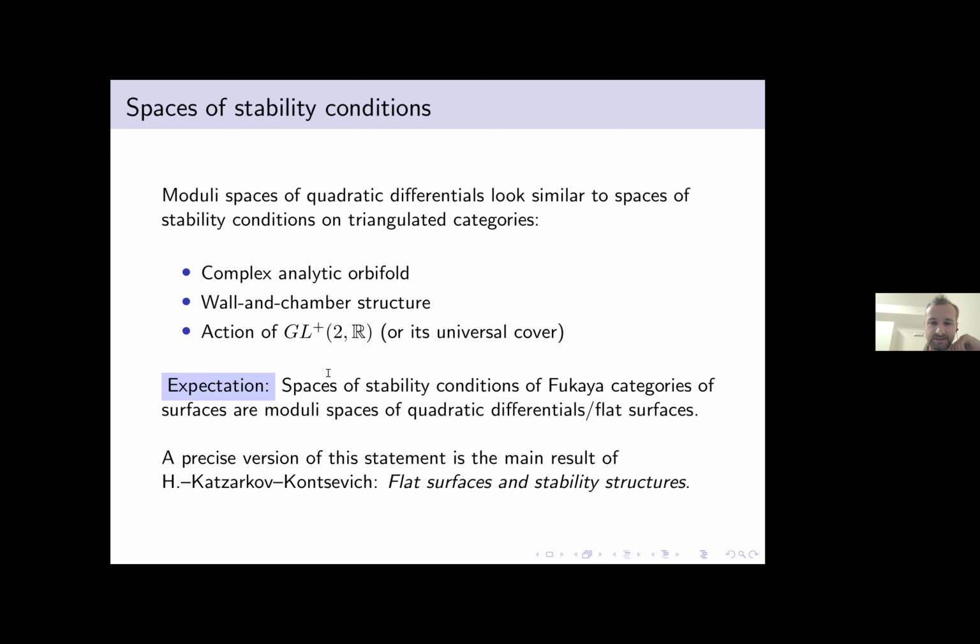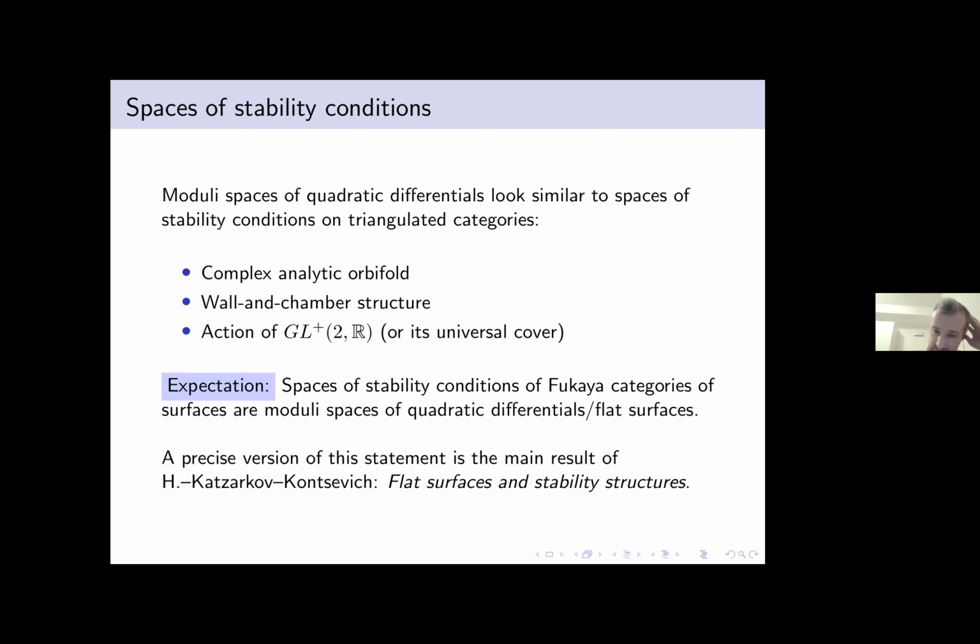there's probably some statement that if you take the Fukaya category of the surface, and you look at its space of stability conditions, which I'll define in a moment, then this looks like the space of quadratic differentials, flat surfaces. And then in some joint work with my advisors, we made this statement precise.